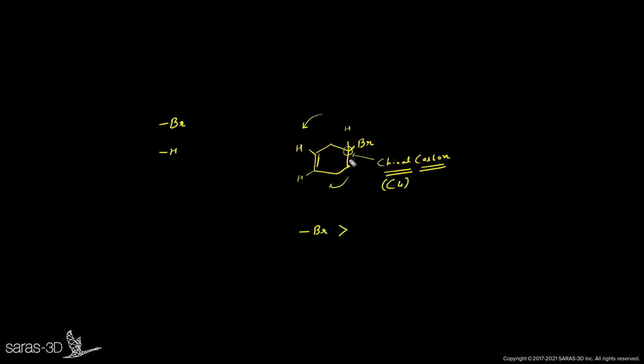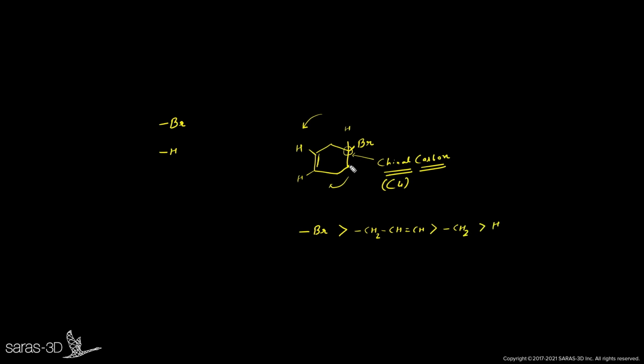So in clockwise and anti-clockwise direction, we have the different environment. That means this carbon is chiral. So if we go in an anti-clockwise direction, then we have CH2, CH double bond CH. And in the clockwise direction, we have CH2 and last there is a hydrogen.